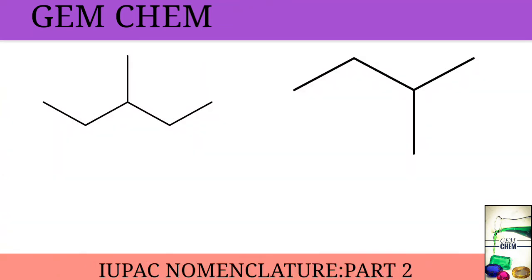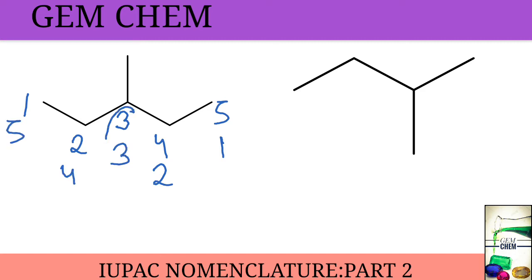Now let us see the next example. Now we start numbering 1, 2, 3, 4, 5, or 1, 2, 3, 4, 5. In any case, the substituent is getting number 3. Another possibility is 1, 2, 3, 4, but this is not the longest chain, so this will not be considered.